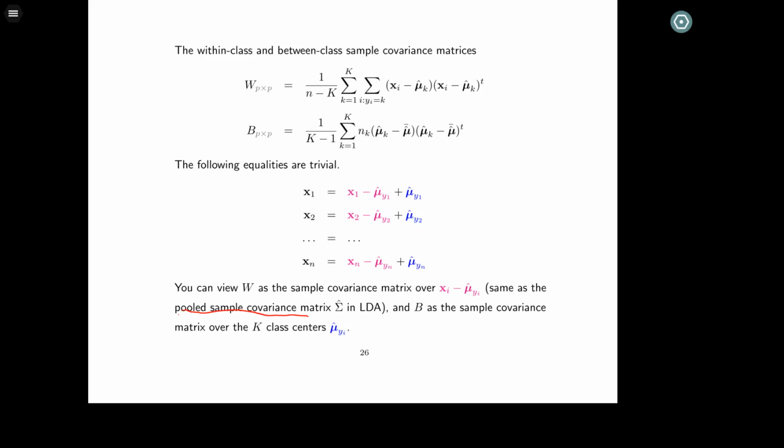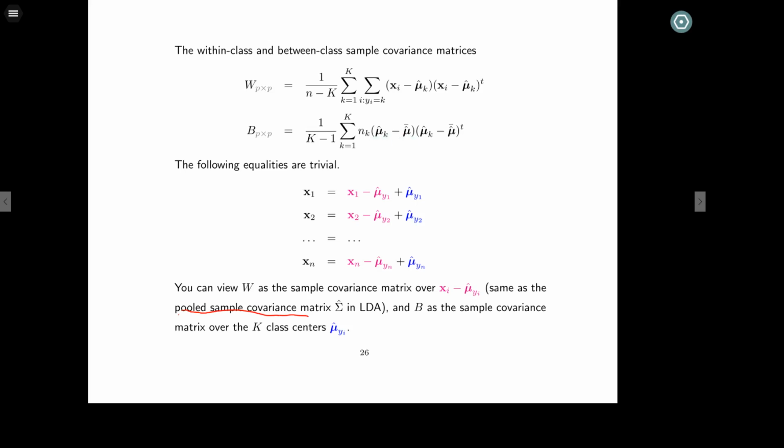And B is the between group covariance matrix, which measures how far the class centers are from each other. Here mu k hat is the sample average of the p-dimensional points from the kth group, and mu hat bar is the average of those capital K centers.